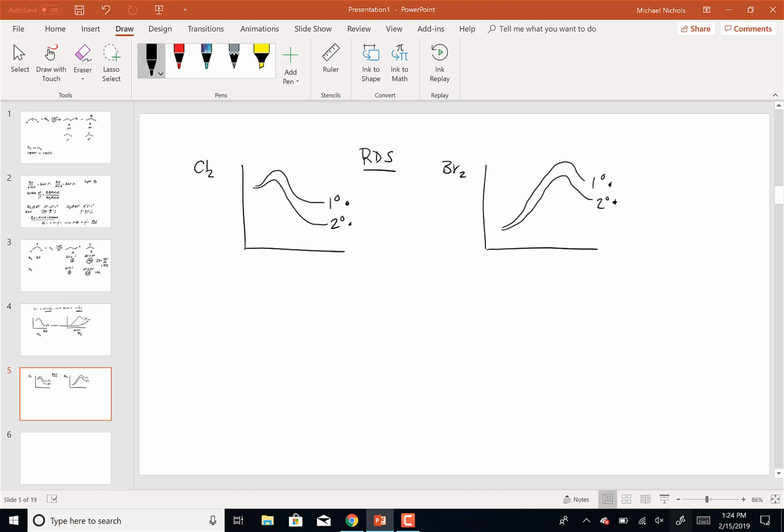If I now make it an endothermic reaction, what happened to the position of the transition state? It's closer to the products. If I make an exothermic reaction, the transition state's closer to the reactants.